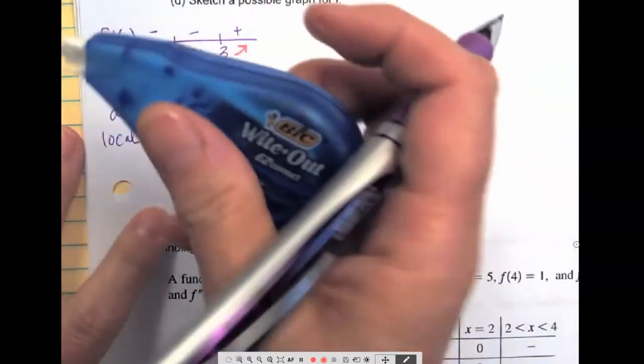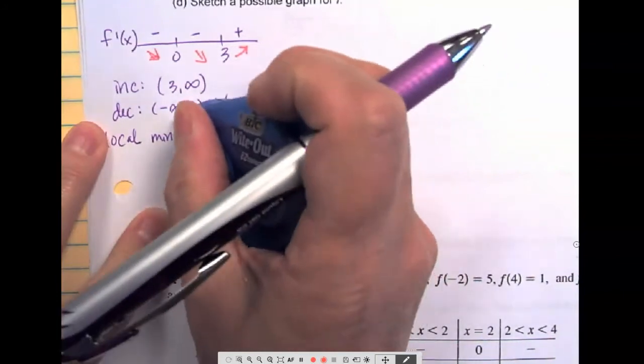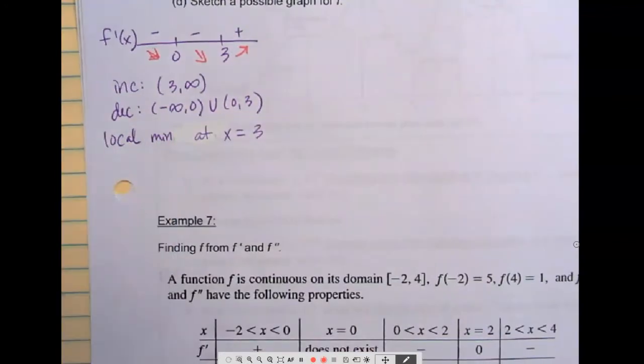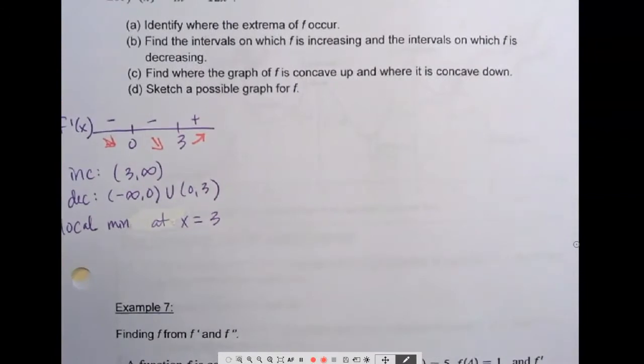Well, that's just messy. Let's do that better. At x equals 3. Okay, I don't have a max, do I? Okay. All right, so that's A and B covered there.